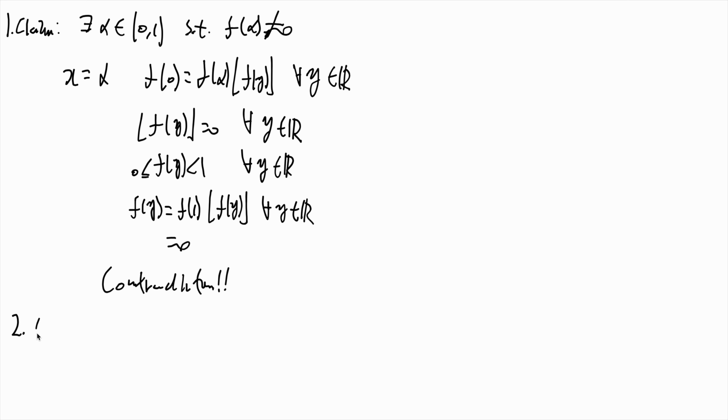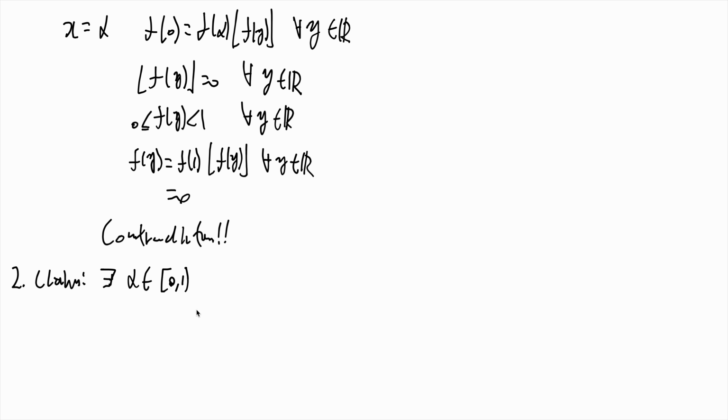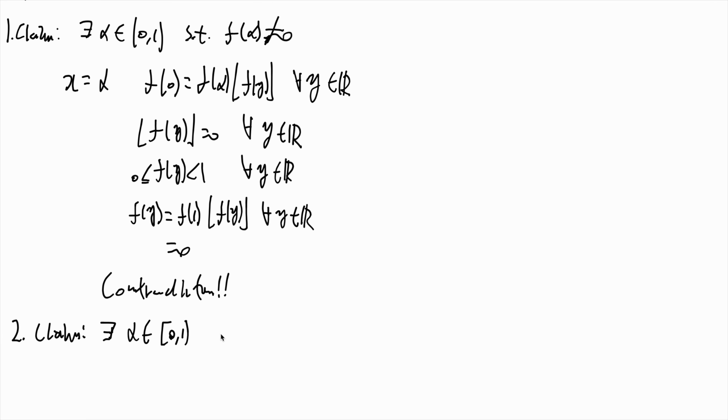So our claim would be there exists alpha. Now this time this claim is true because we know that f of 0 equals 0, such that, actually it's converse, so we need to do for all because not like a true converse, but we at least cover.